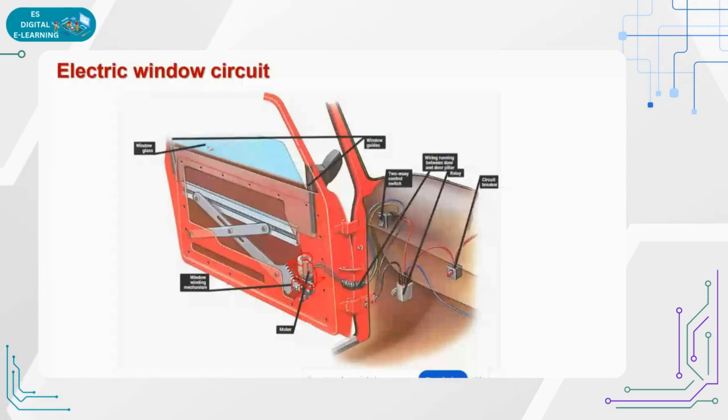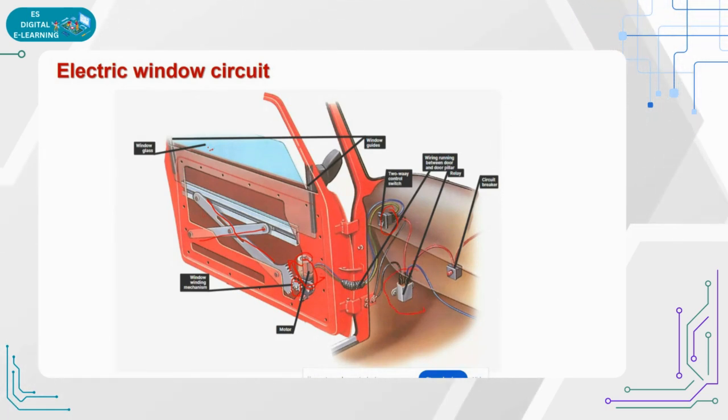There is a gauge here, and that gauge makes the window move up or down whenever the motor starts rotating. Next we have a switch. The switch controls the motor, so whenever you press the switch, the window should come up or down.